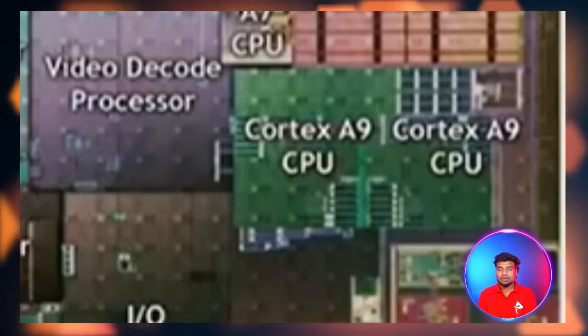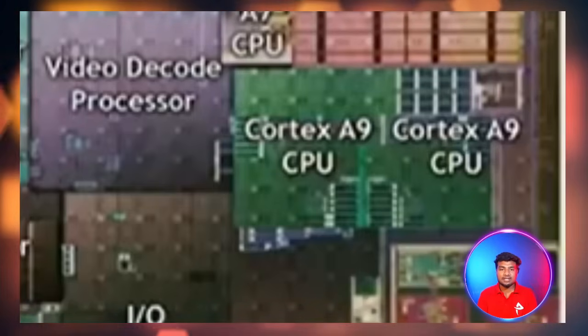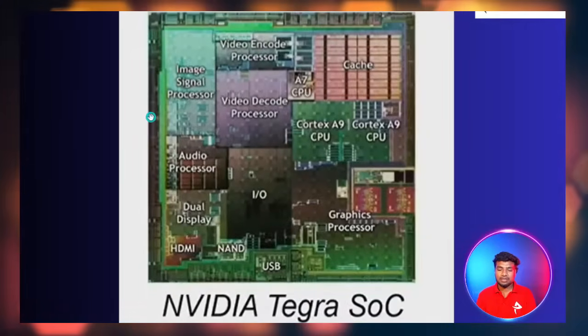Why do we store it in cache memory? You can see here the cache is very near to the CPU, so the CPU can easily access the cache memory. Internal storage is far from the CPU, because it is outside of the chip, and RAM and ROM are also in another block of chip.